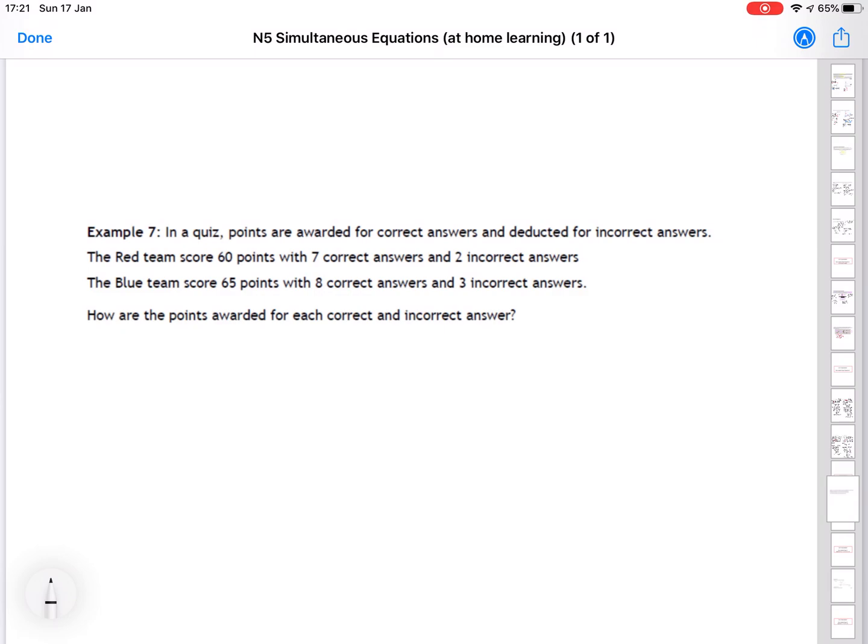So same as we did in the last example, we're going to go ahead and assign a value to each of these unknown variables. So this time I'm actually just going to go for x and y. You could use a c and a d. I just want to show you an example where we're using just a standard kind of generic letter.